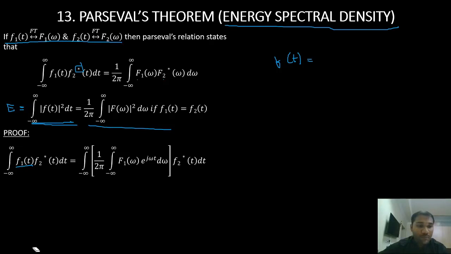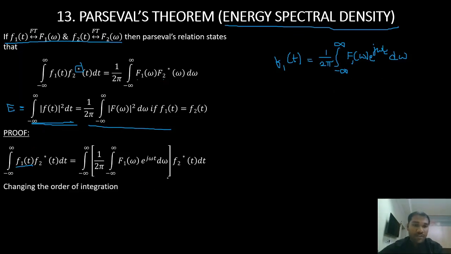What is f of t? f of t is equal to 1 by 2 pi integral from minus infinity to infinity of F of omega e power j omega t d omega. f1 of t will be equal to the same, with F1 of omega in place of F of omega. So I'm substituting the same thing in place of f1 of t.